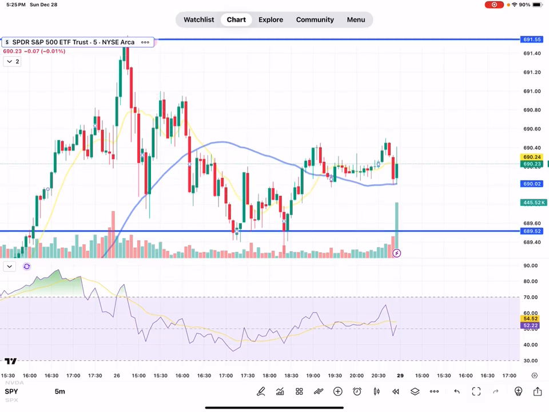Or you could have waited for it to get to this place where it kept bouncing off 689, and then you probably could have started going back up. So you can see it went as high as this, and this is how you wait, see the price movement, and wait to see where you can enter. Okay, I hope that made sense.